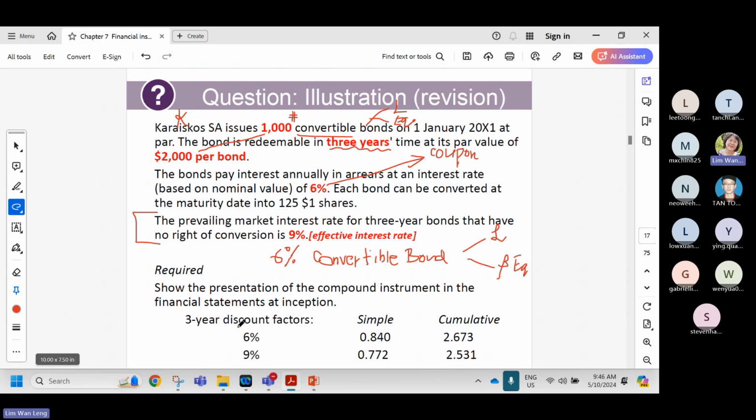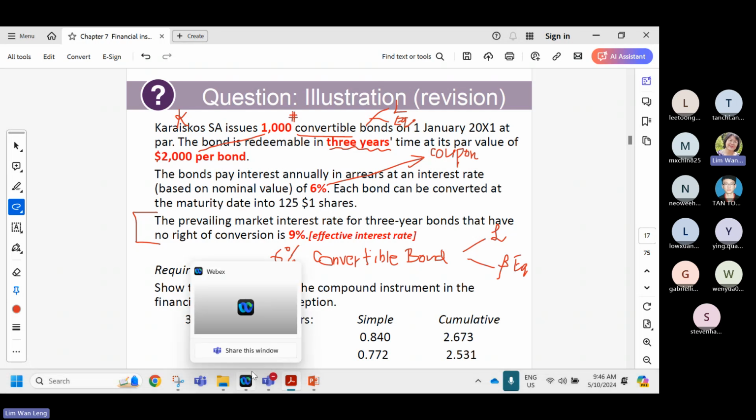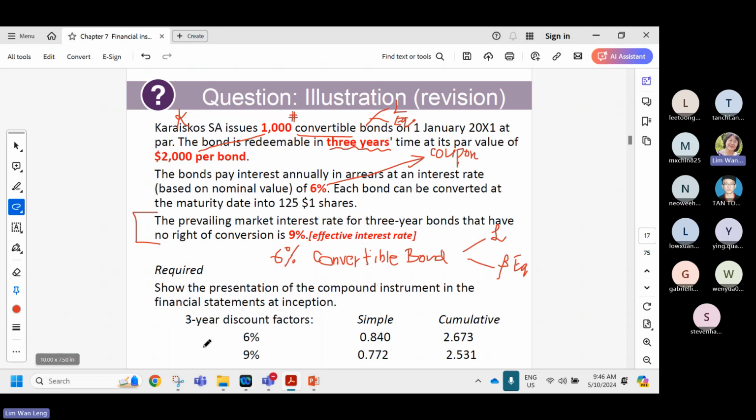Okay, so show the presentation of the compound instrument in the financial statement at inception. When we want to talk about the present value of the instrument, we have to use the 9% effective interest rate to calculate.